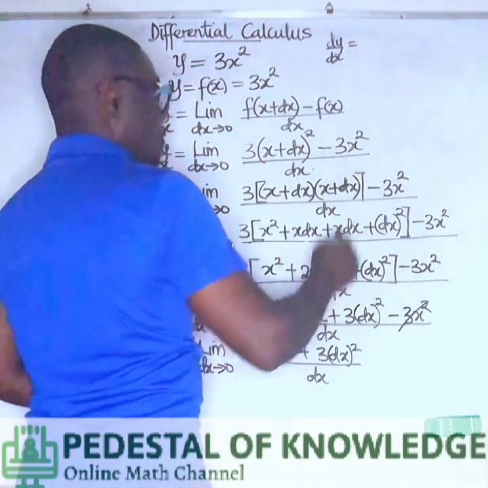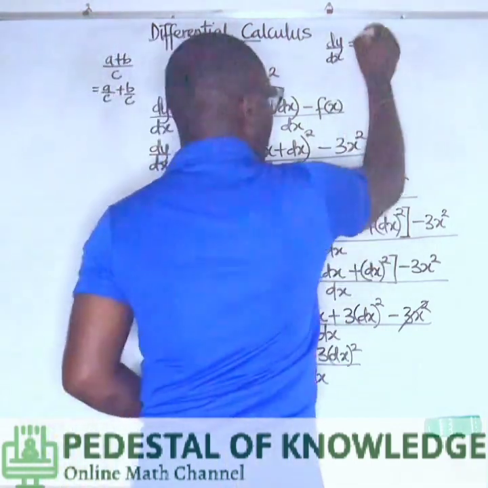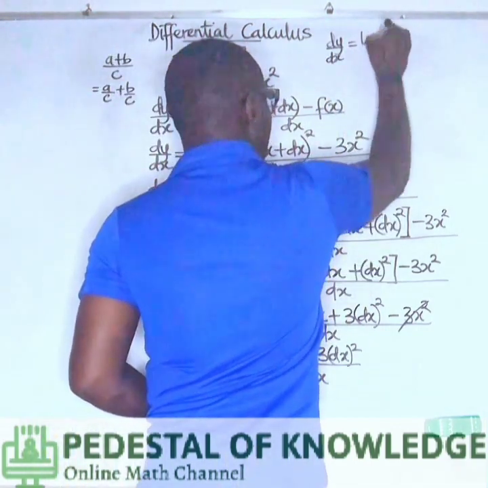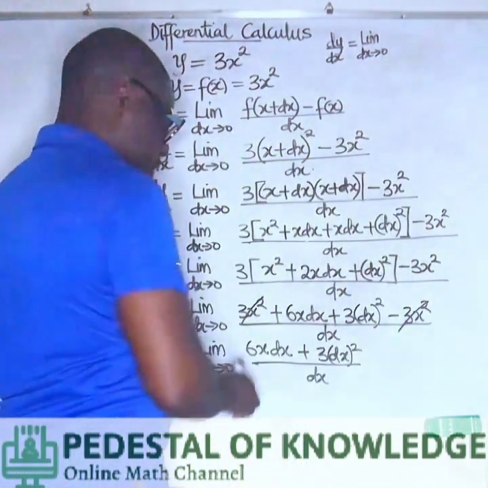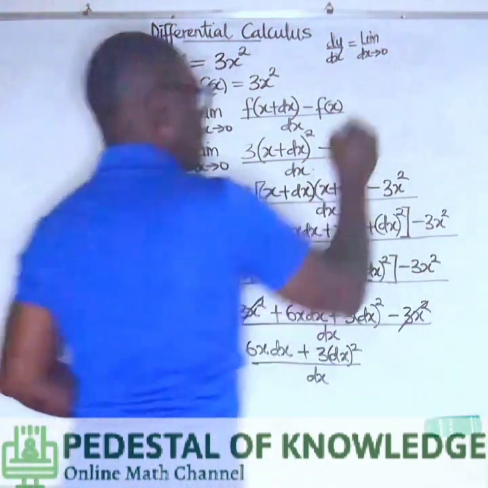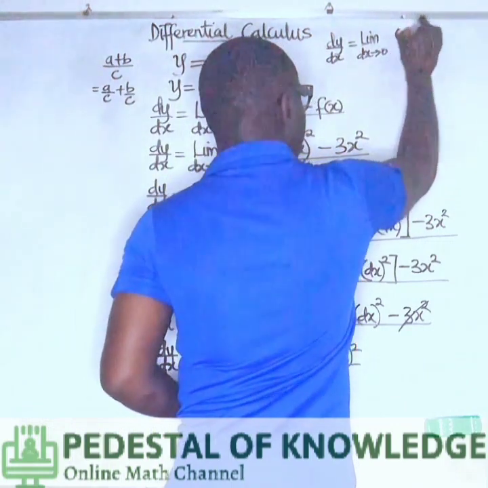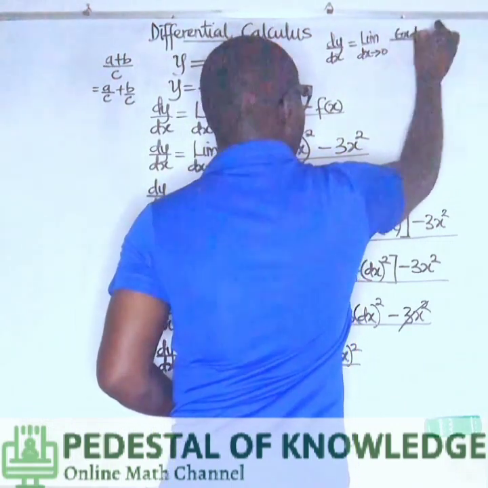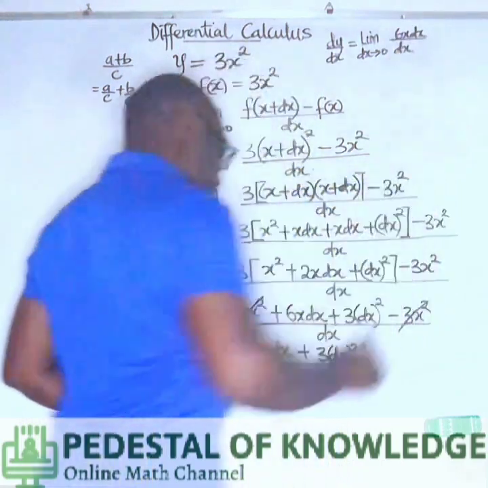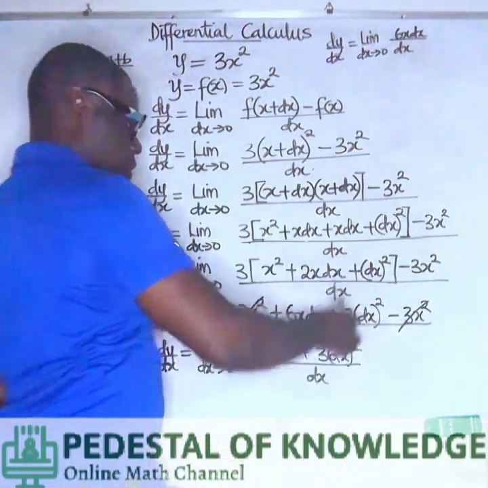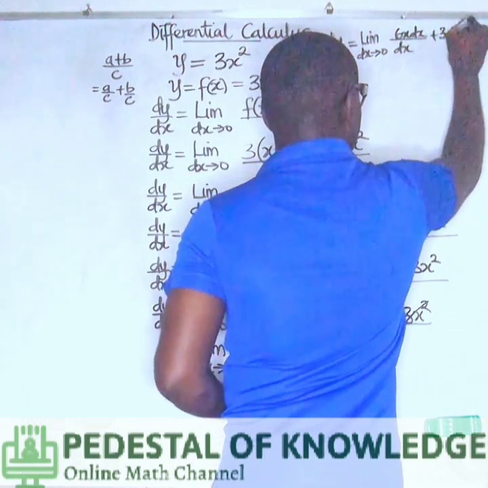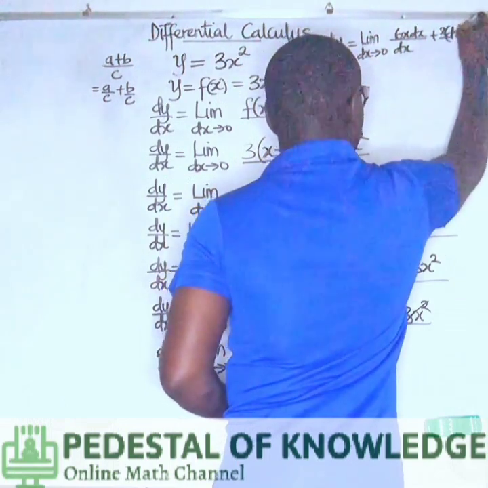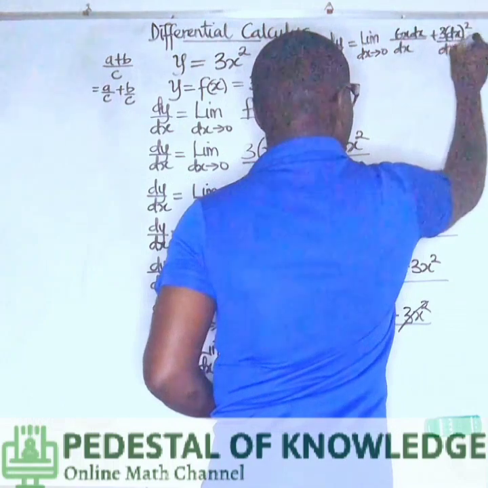So we're going to have dy/dx is equal to the limiting value as dx approaches 0 of 6x dx over dx plus 3 dx all squared over dx.